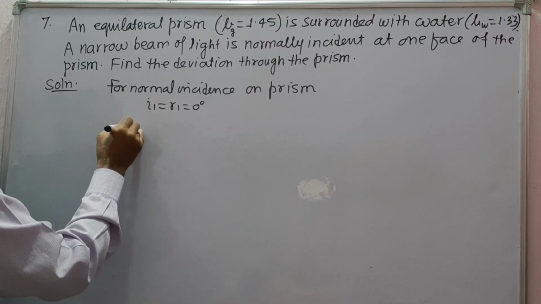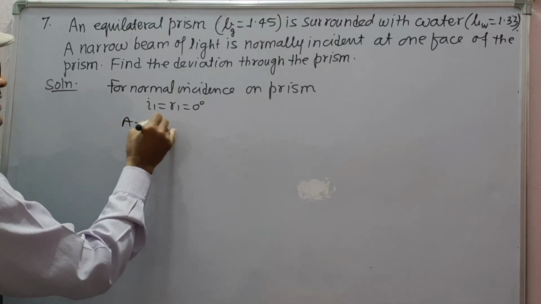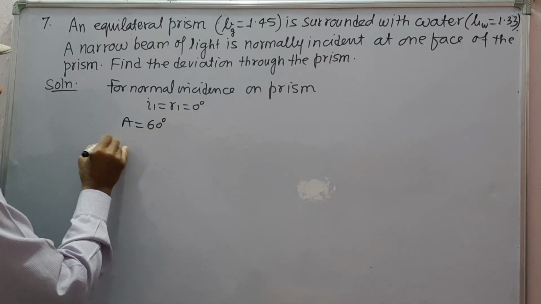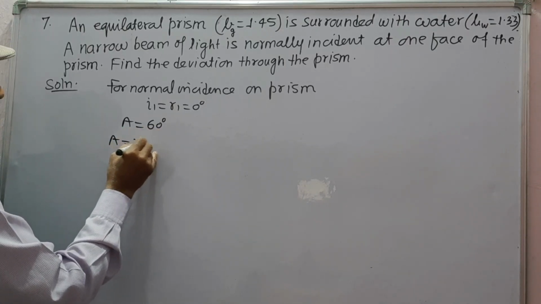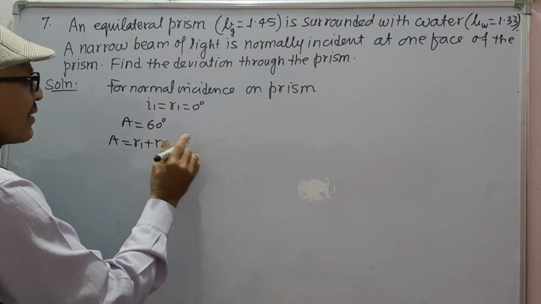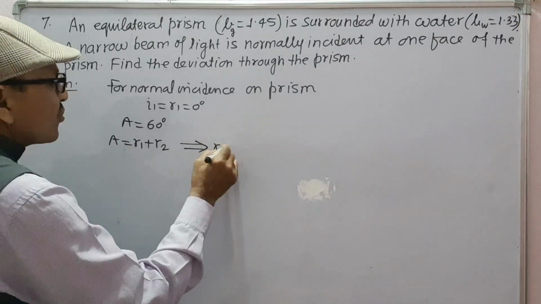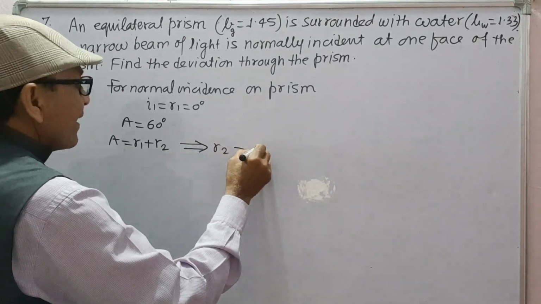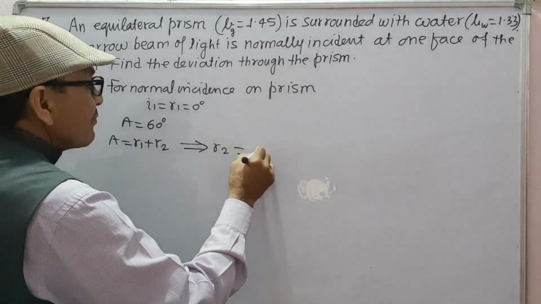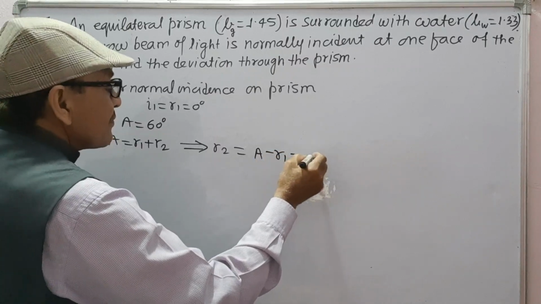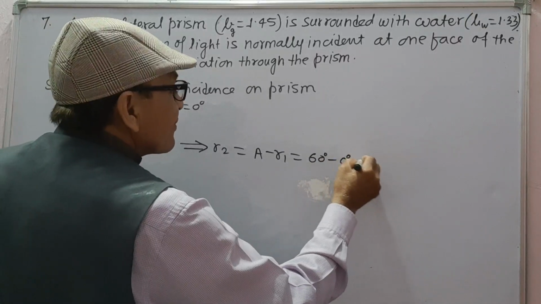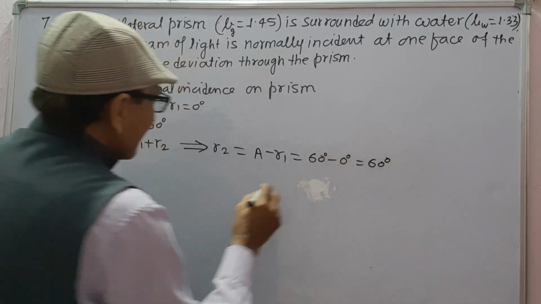For equilateral prism, A is equal to 60 degree. We know A is equal to R1 plus R2, which gives R2 as A minus R1, that is 60 degree minus 0 degree, which is 60 degree.